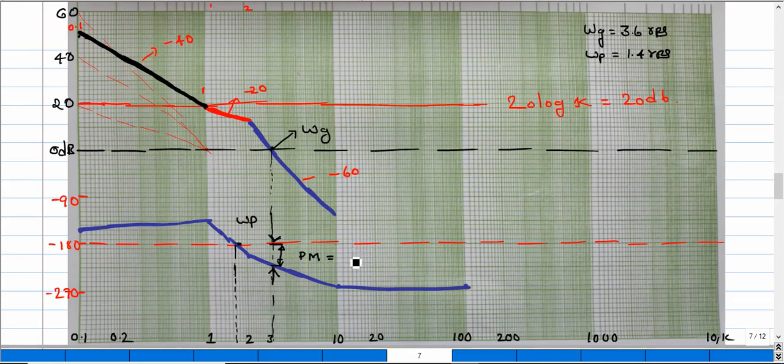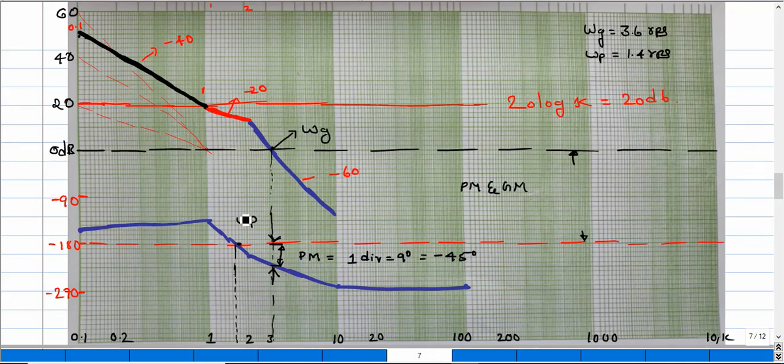As per my scale, one division counts 9 degrees, so in my graph I get minus 45 degrees. Yesterday I made a clear statement that if phase margin and gain margin are within 0 dB and 180 degrees, both will be positive, and if we are getting away from minus 180 degrees, it will be negative.